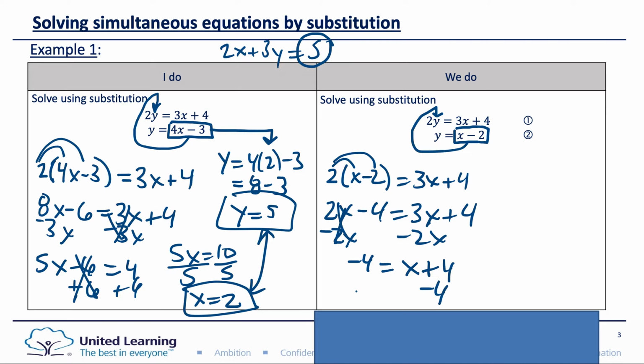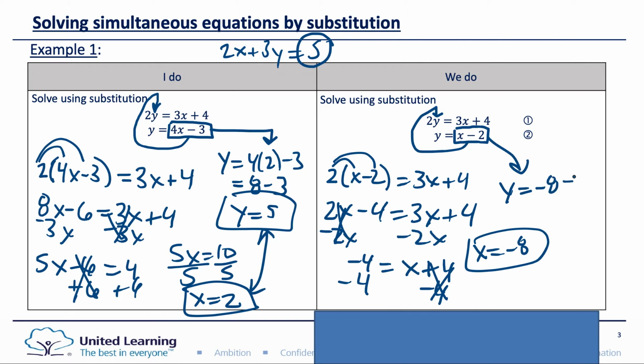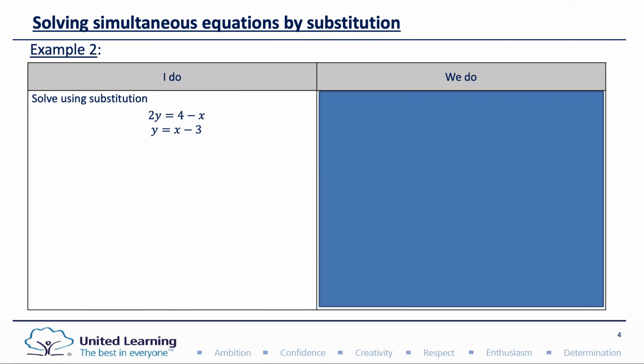And then maybe you did this to get this. Okay, and then let's bring this back. So y equals now negative 8, take away 2, to get y equals negative 10. So I'm hopeful that you got x equals negative 8 and y equals negative 10. That is your solution.